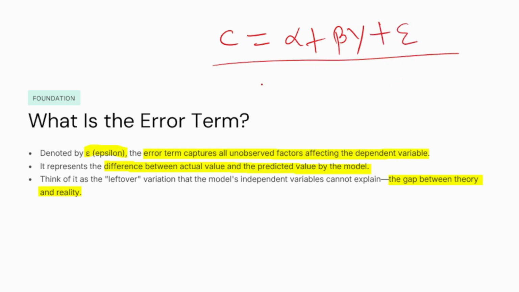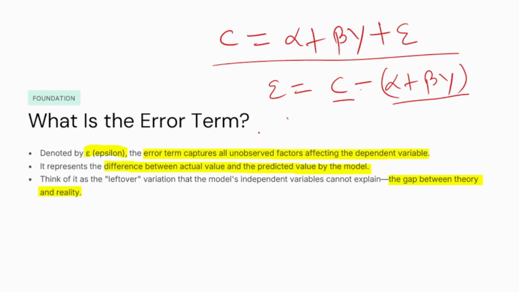And from this equation we can find out that epsilon will be equal to C minus (alpha plus beta y). And here C is the actual value of the consumption and alpha plus beta y will give the estimated value of the consumption.